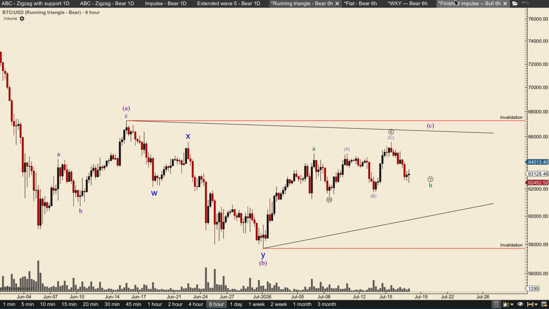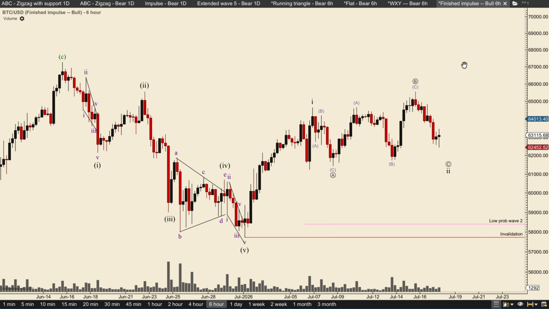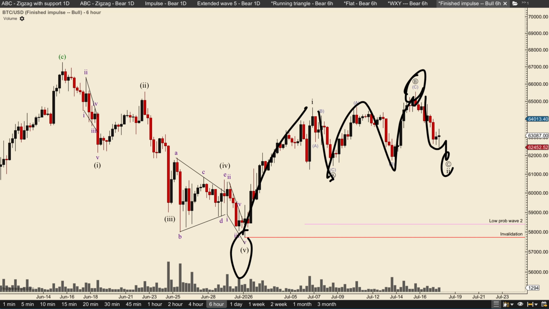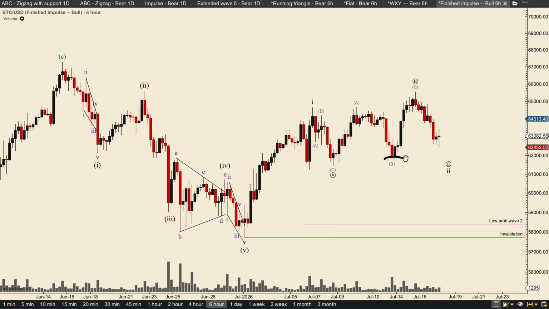And then you have the finished impulse, which is the only pure bullish scenario, where we are finished here, and then 1, A and then ABC here in an expanded flat looking for a wave C, which can be a running flat, meaning that we don't really have to take out this low, even though it is a higher probability, because a running flat is a low probability structure, but we can be finished here and then we move up.